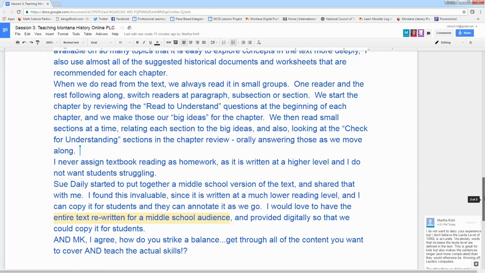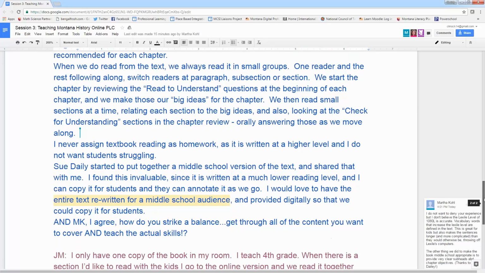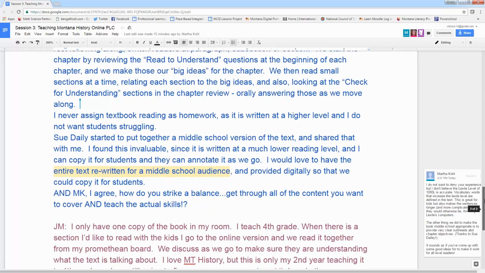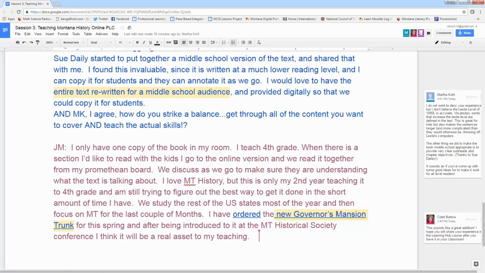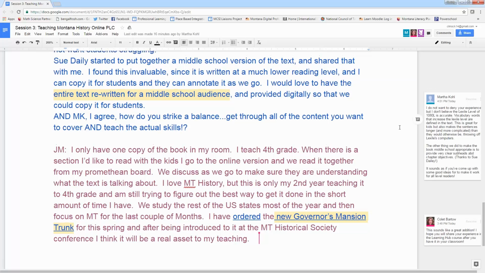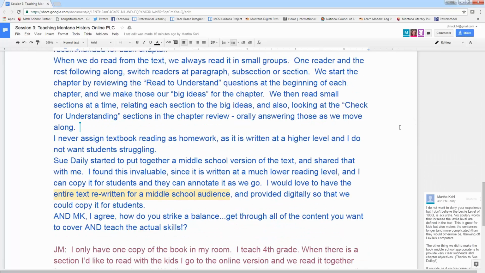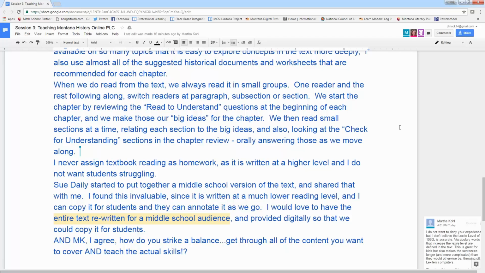We have comments back and forth. I don't know if anyone wants to jump in and talk about something they wrote or something they read here in this Google document before we go on. I guess one thing that I've been hearing a lot from teachers is that the reading level of the textbook is too high for middle school, and I think that was one of the things that Tammy was finding.